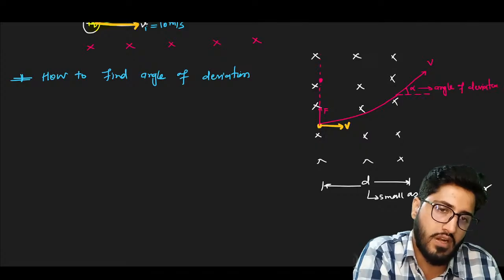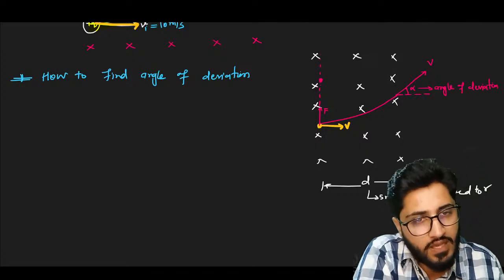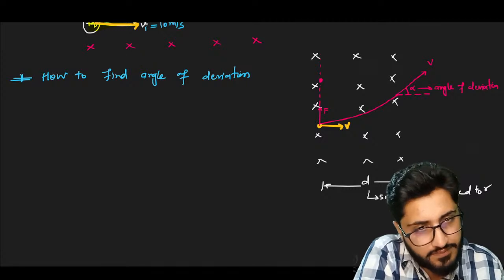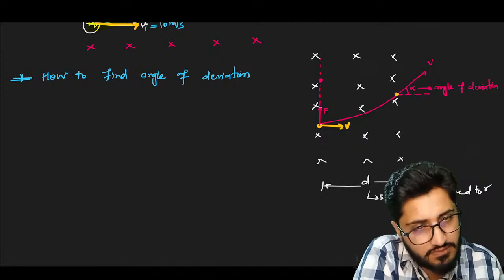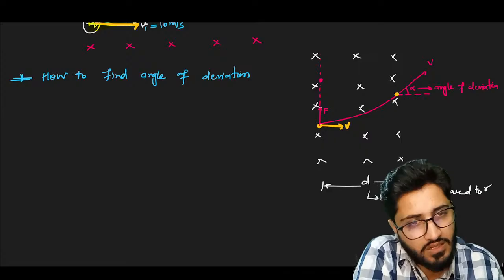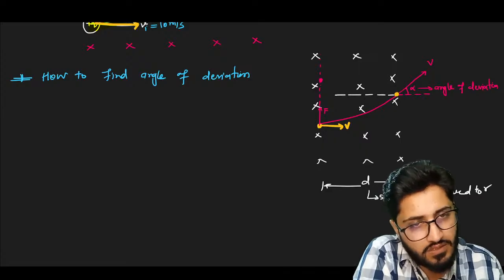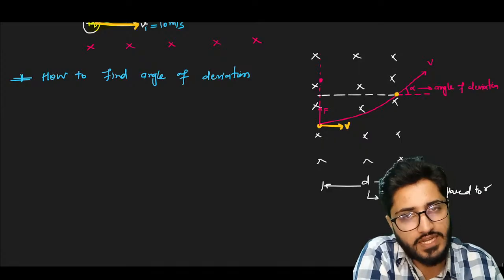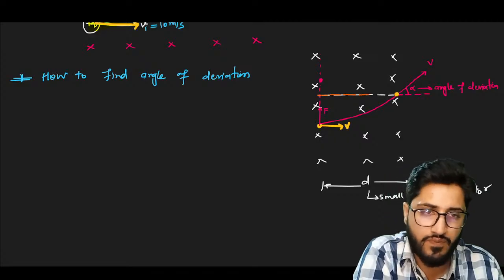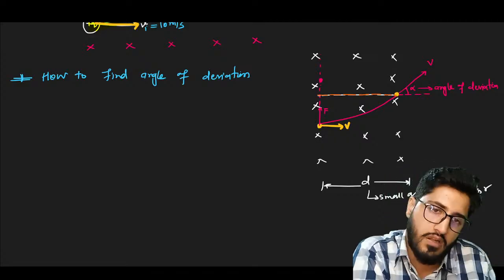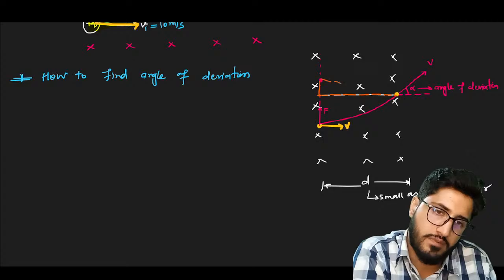Angle of deviation. Now you can see, look at this particular point here. I will extend this line now. This is the radius of my circular path.